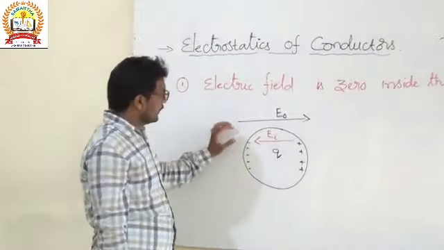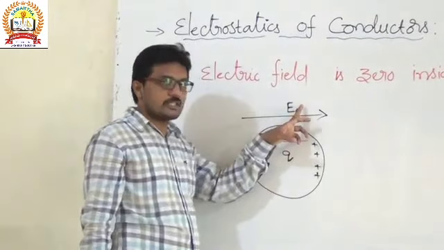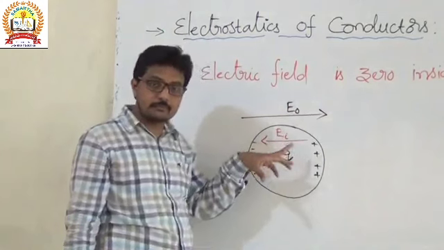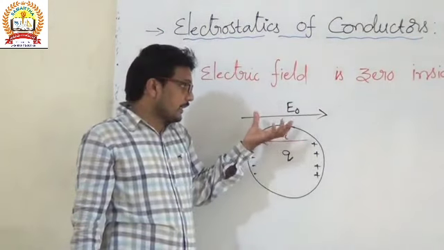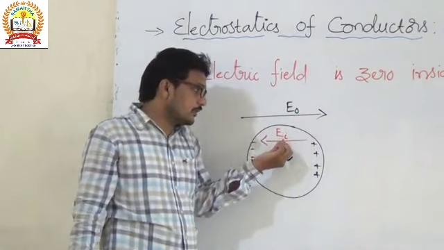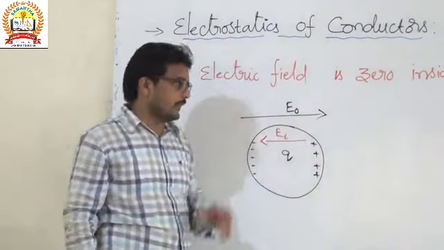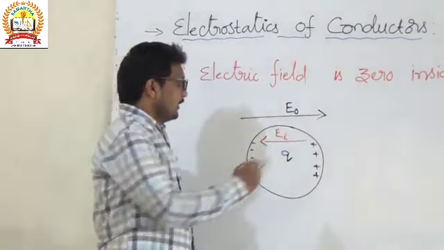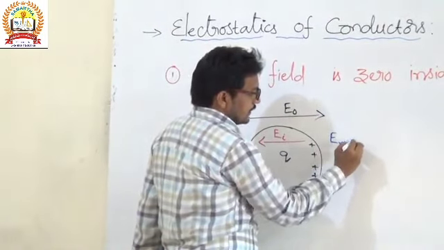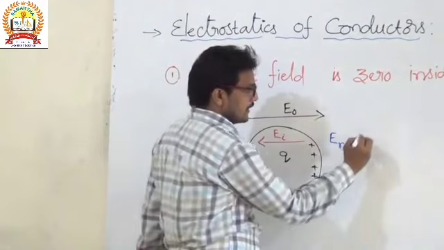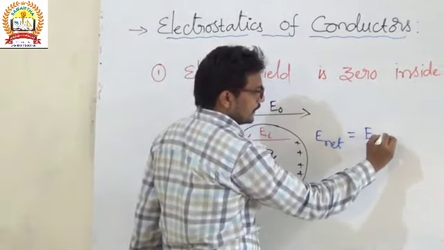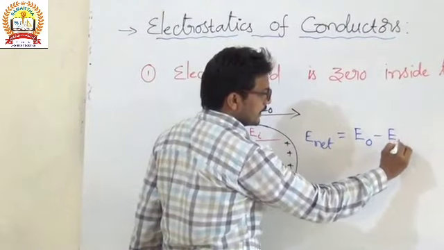If you see the direction of the original electric field and the induced electric field, the magnitude is the same. However much electric field is applied outside the conductor, inside the induced magnitude will be the same. So the net or resultant electric field is E naught minus E induced.